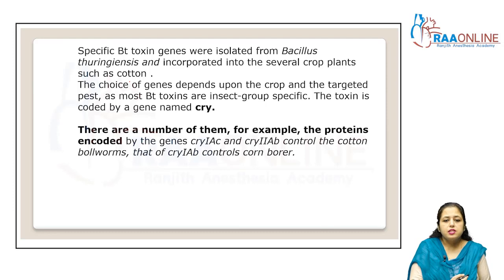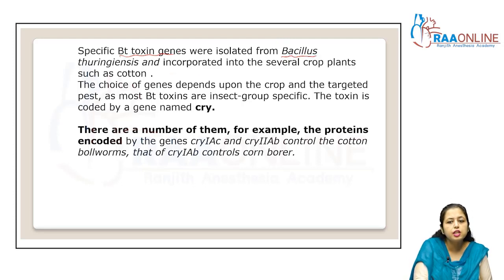Bacillus thuringiensis produces specific toxin genes which were isolated from Bacillus thuringiensis, and these toxin genes were incorporated into several crop plants such as cotton. The choice of genes depends upon the crop and the targeted pest.